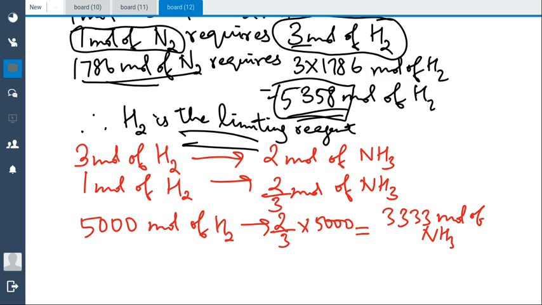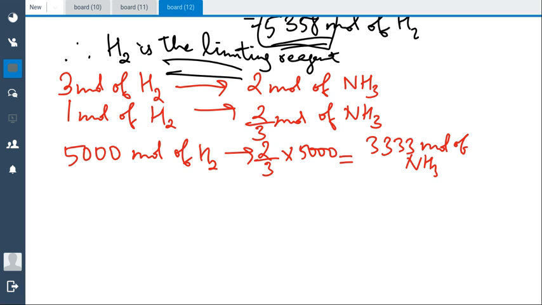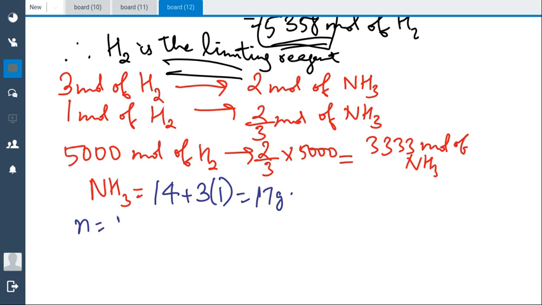So we need to calculate the amount. Amount means in grams. How do we calculate the amount in grams? What is the mass of ammonia? Mass of nitrogen is 14, and we have 3 hydrogens, so 14 plus 3 is 17 grams. Number of moles is equal to given mass by molar mass.